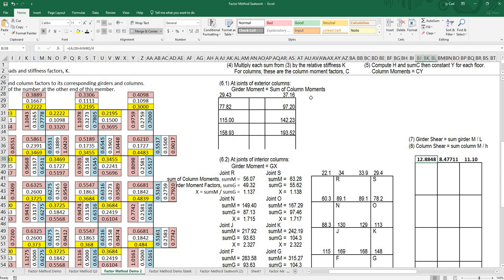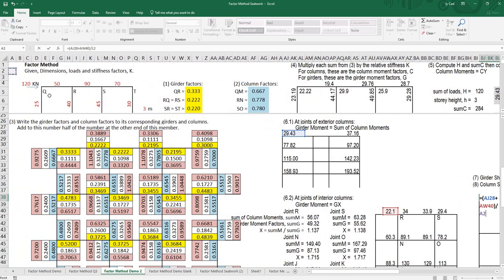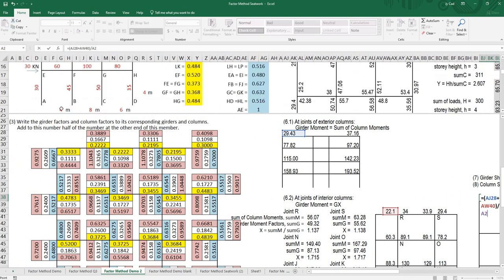Ngayon, instead na 4 ang ilalagay natin dyan, ililink ko na lang siya dito. Yung 4, dito ko siya ililink sa may given. Ayan. Yan.